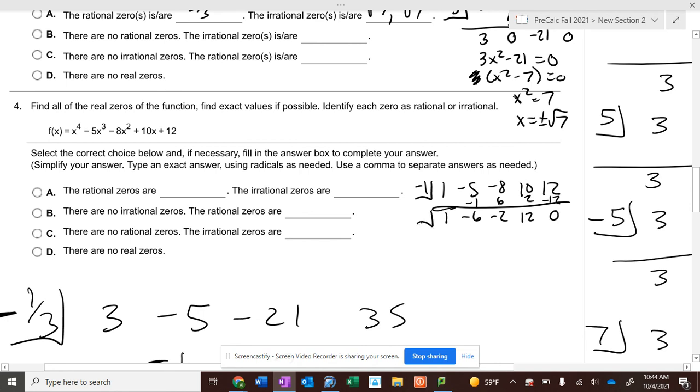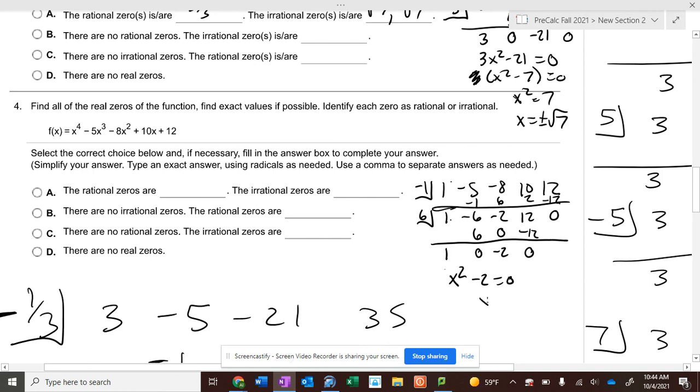I knew that one was going to work. I also know a 6 will work from the graph. So 1, 6, 0, 0, -2, -12, 0. So what I'm left with is this is x to the fourth, this is x to the third, so this is x squared minus 2 equals 0.